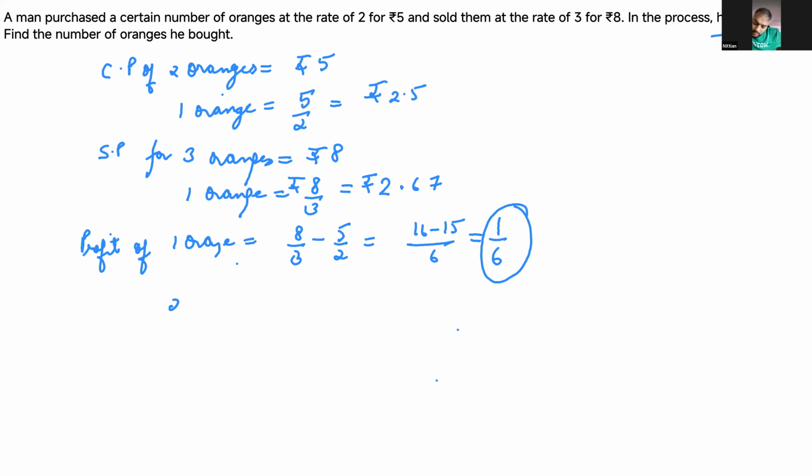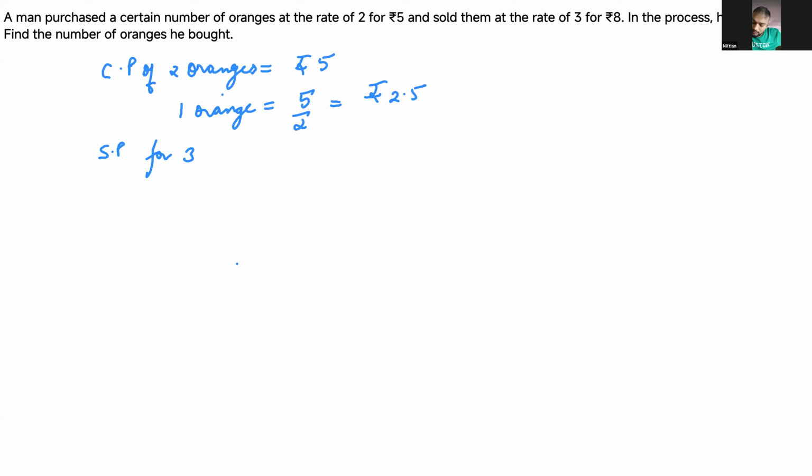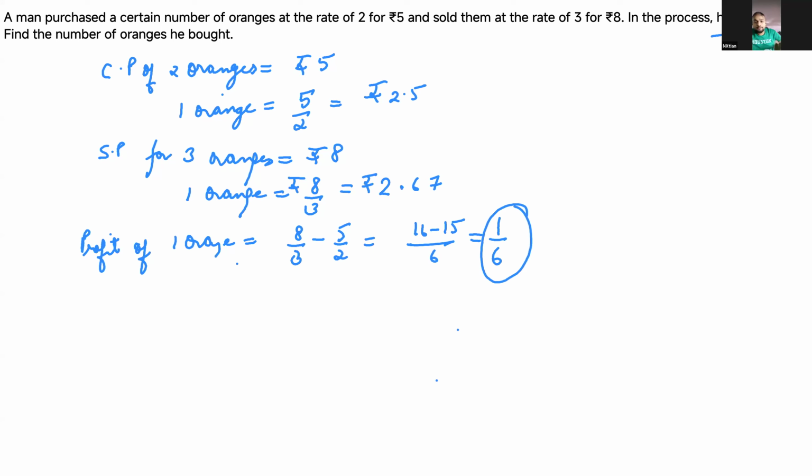Now he wants a gain of 20. So 1 by 6 rupees for one orange as a gain.